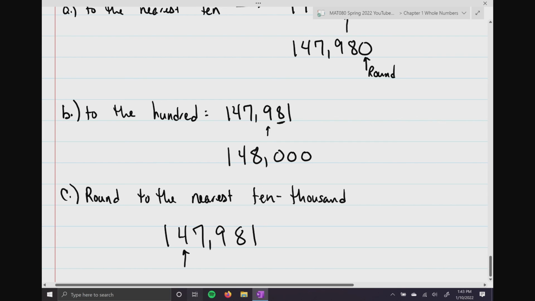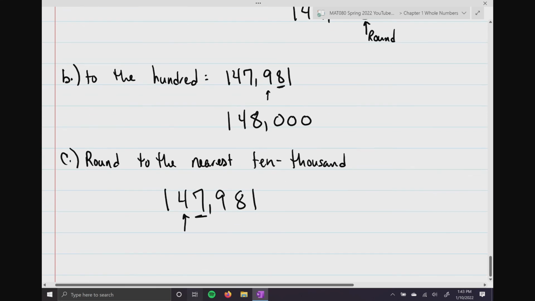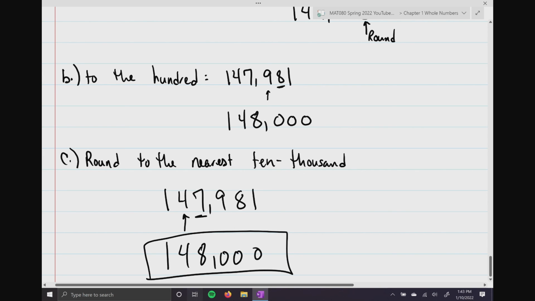The 4 is the 10,000 place value. I underlined a 7. That is definitely larger than 5. So step 3, the answer is yes. So I increase this by 1. I don't have to worry about carrying anything over. And this also turns out to be 148,000. And that's going to be it for this lecture.